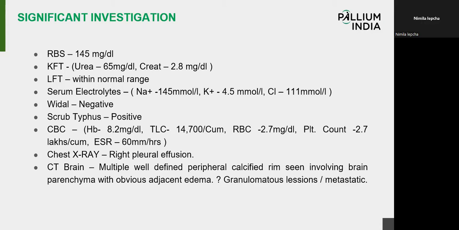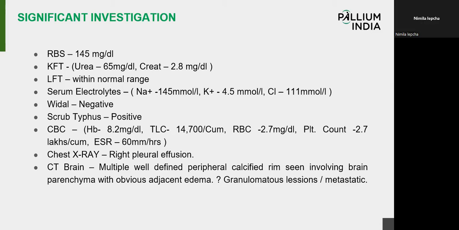Coming to CBC, Hb is 8.2 mg per dL, TLC was 14,700, RBC 2.7, platelet 2.7 lakh, ESR 60 mm per hour. The sample was again repeated on 9th of March.